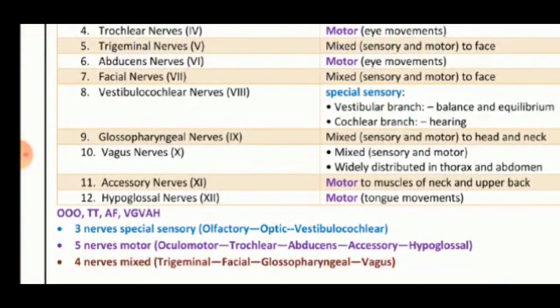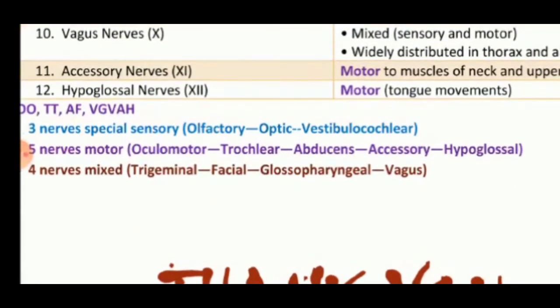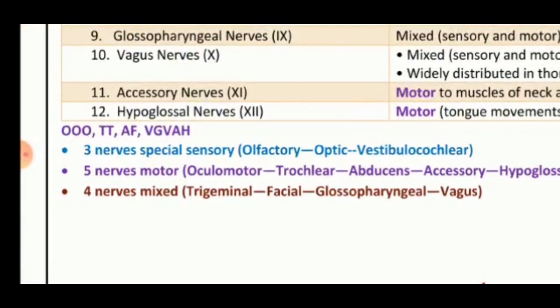Again, refer to the GIT for the hypoglossal nerve, which is responsible for innervations that lead to tongue movements. These abbreviations would help you to remember these 12 nerves in addition to their type or classification, either mixed, motor, sensory, special, and what each nerve actually supplies.